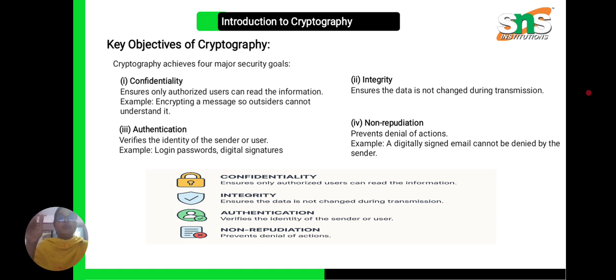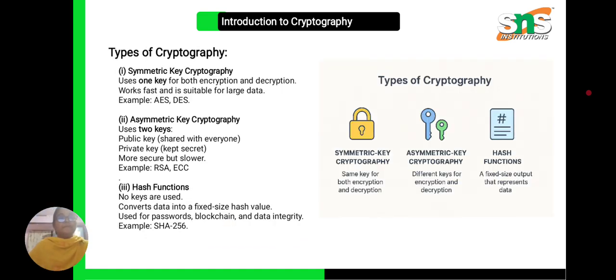Together they protect the secrecy and correctness of information. Authentication is used to verify the identity of the sender or user, like passwords and digital signatures. Non-repudiation ensures that the sender cannot deny sending the message, which is important in legal and financial systems. So these are the key objectives of cryptography.